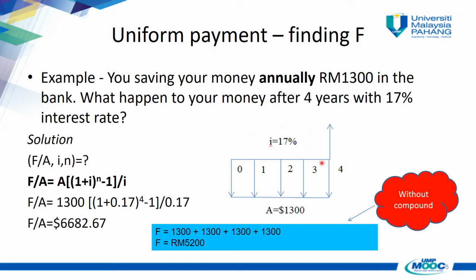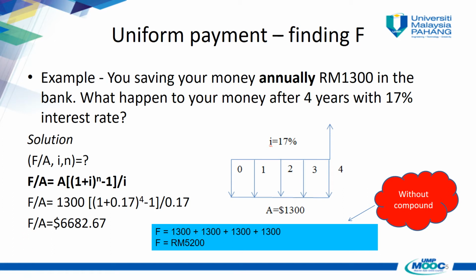So the calculation uses a new formula: finding F when we know the A, where A is per annum, equivalent to A multiplied by (1 plus i, interest rate, to the power of n, minus 1), divided by i, the interest.